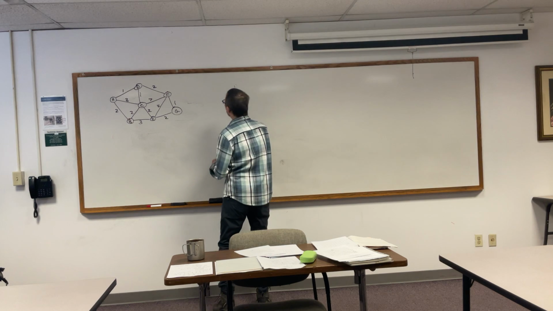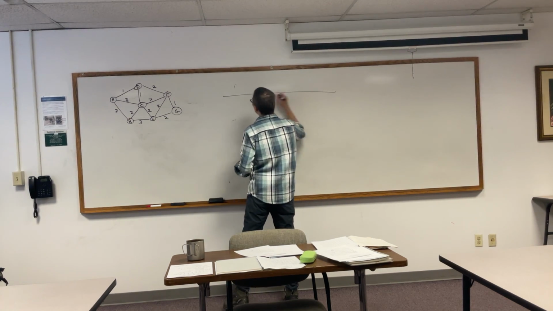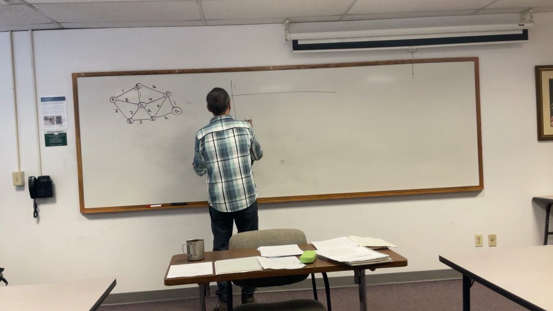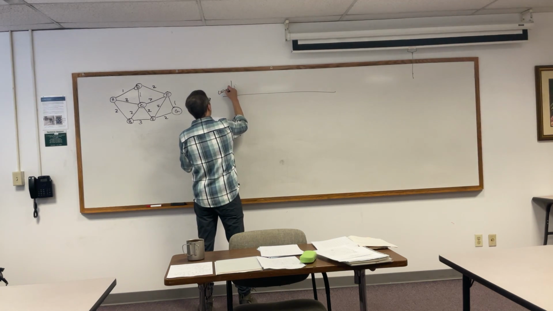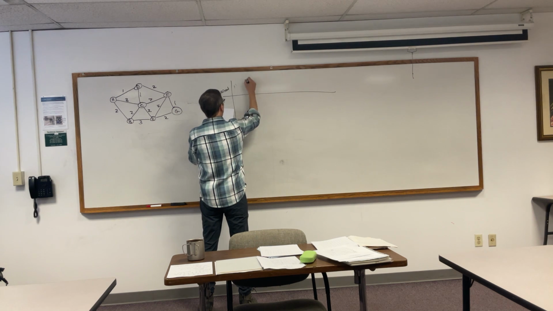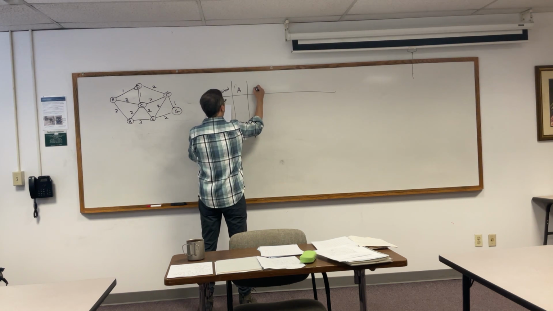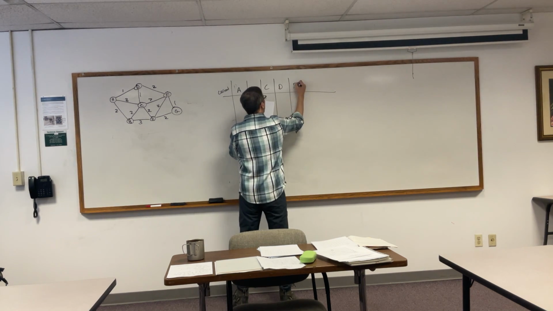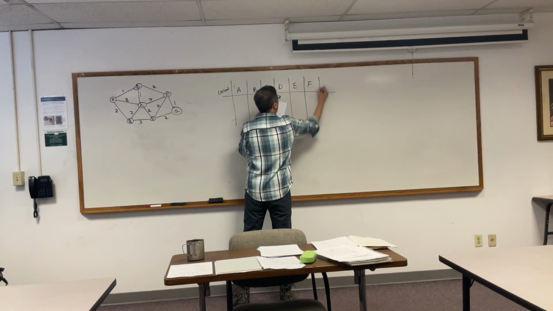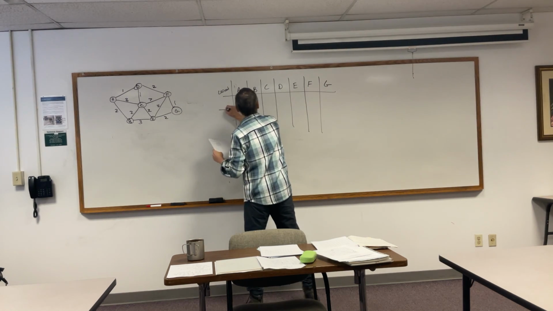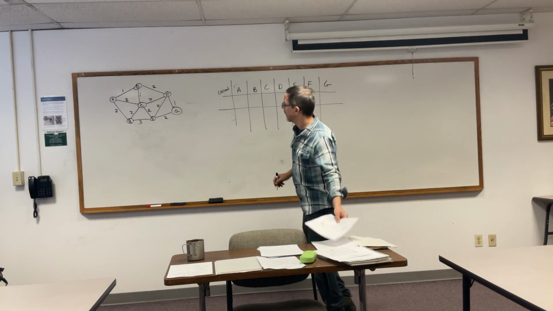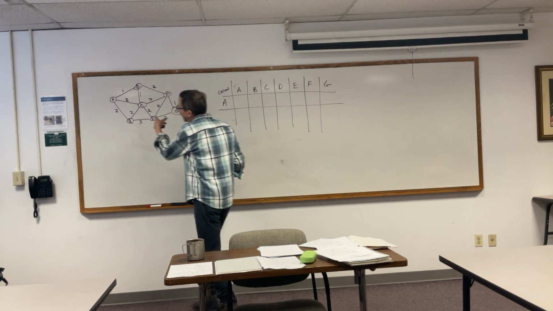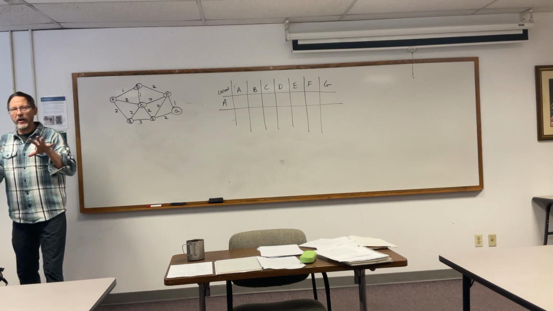I'll make a little copy up here so we can do this all together. We'll have to fill in notes, that's the only thing. So we're starting from A. And so you can see how you can get rid of the infinities right on that first row, right?